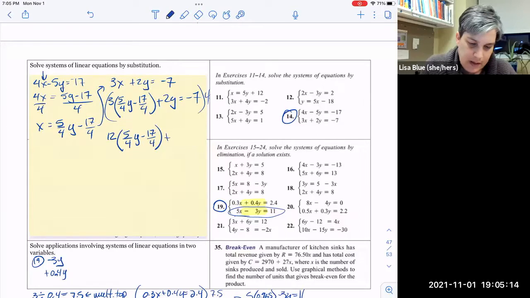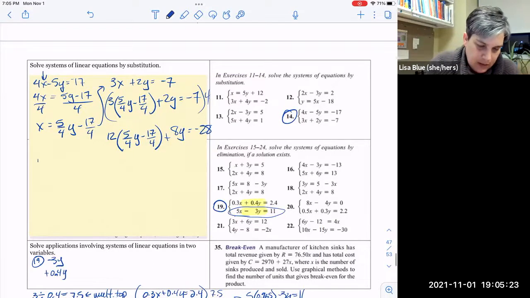Plus 2y times 4 gives us 8y is negative 28. So then we know that 12 over 1 times 5 over 4y is going to give us 15y.